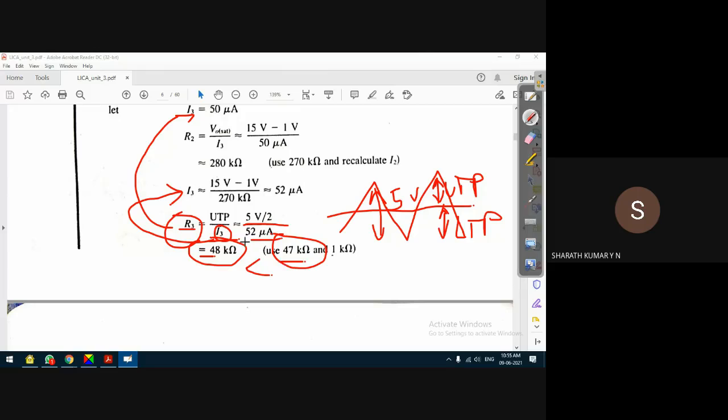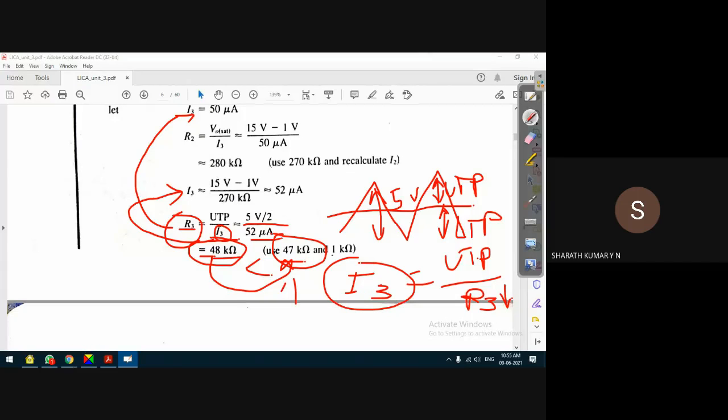The problem is if we use a smaller value of R3, since I3 is equal to UTP divided by R3, if we reduce R3, that is instead of 48 we use only 47, what will happen is I3 increases. If I3 increases, R2 should decrease. So because of all this problem, a 47 kilo ohm fixed resistor and a 1 kilo ohm fixed resistor are used in series.